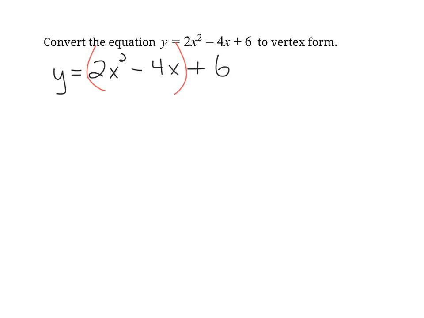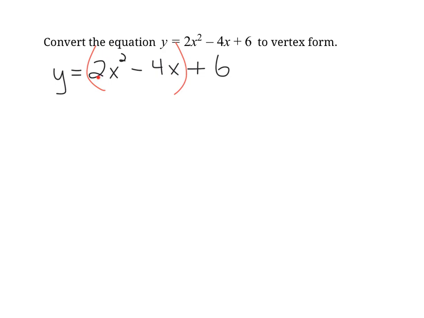Your first step is to group, or put brackets around, just the first two terms of your equation. So that's going to be your x squared term and your x term. The plain number is left out of that bracket and just hangs out at the end of your equation. Your second step is to look at the terms inside of your bracket, and we just want to focus on the numbers, not the letters.